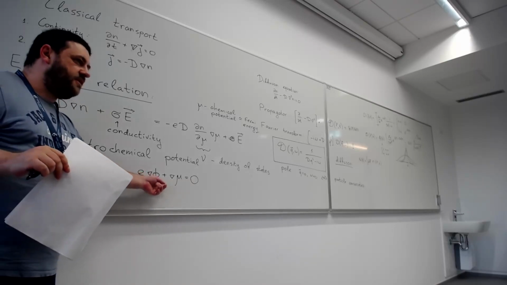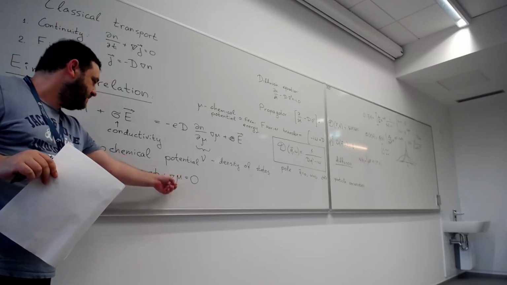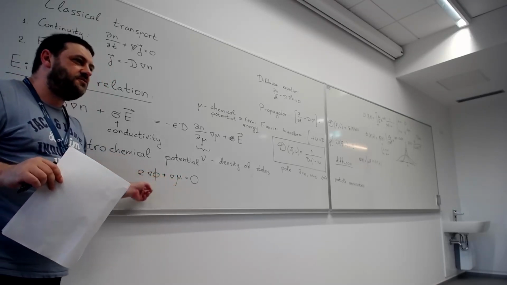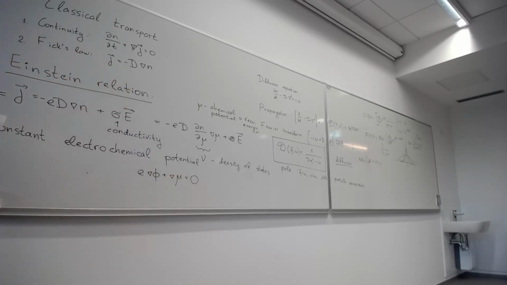So there is some electric potential, and it has a gradient, and there is a chemical potential which has a gradient, and the sum of these two gradients is zero. So this identity means that electrochemical potential is constant, which corresponds to the situation that the current is zero.